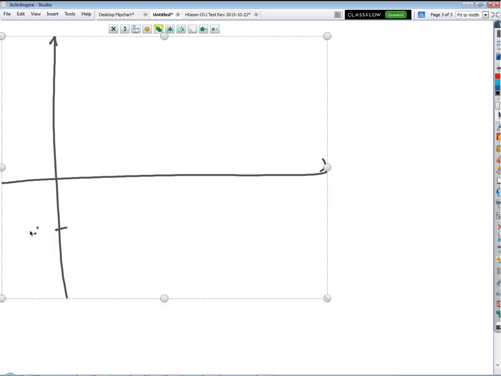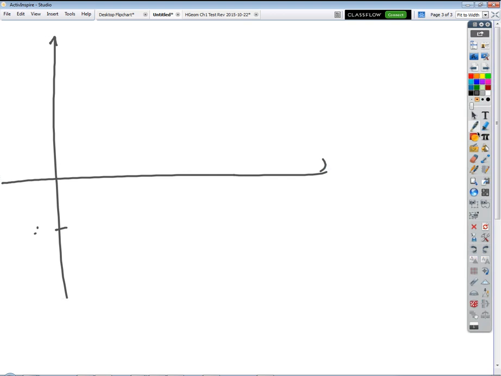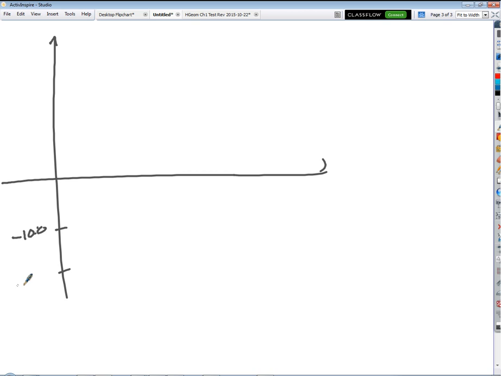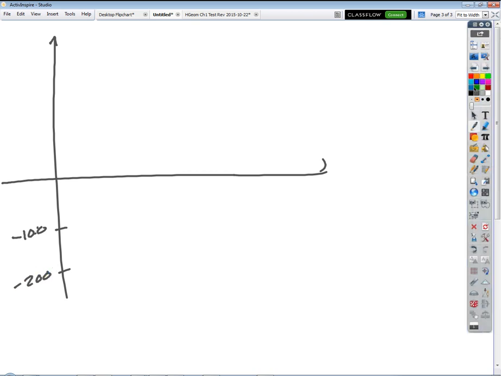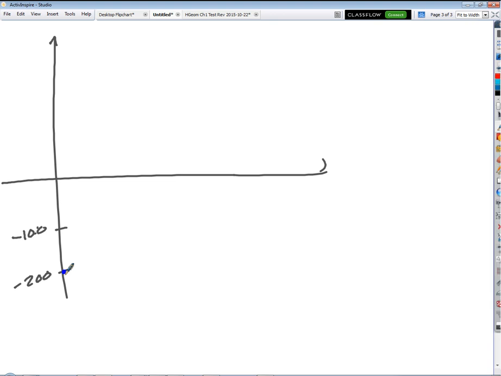If that's negative 100 and this is negative 200, the car is starting here, right? And it's moving forward with a velocity of 15 meters per second, okay? So depending on what our scale is, let's just draw this qualitatively. I just wanna give you an idea what's happening. So this car is gonna go forward like that, isn't it?